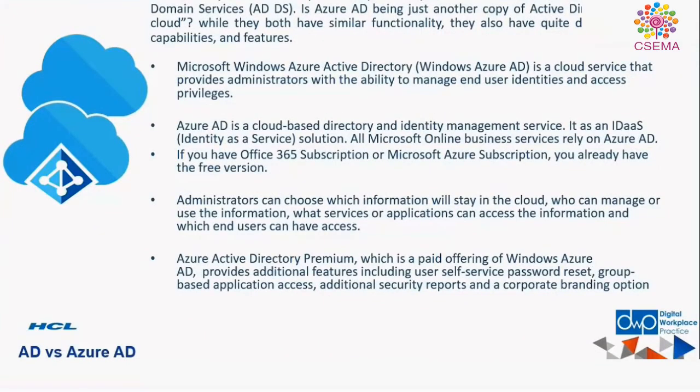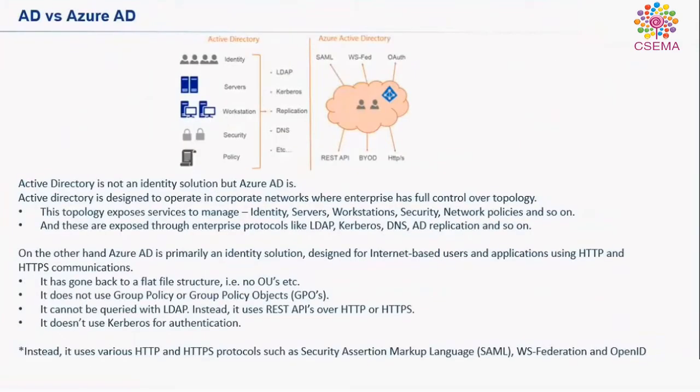So here is a picture of how AD and Azure AD are different. Active Directory, again, like we saw earlier, is not an identity solution, but Azure AD is. Active Directory is designed to operate in the corporate networks where the enterprise has full control over the topology.